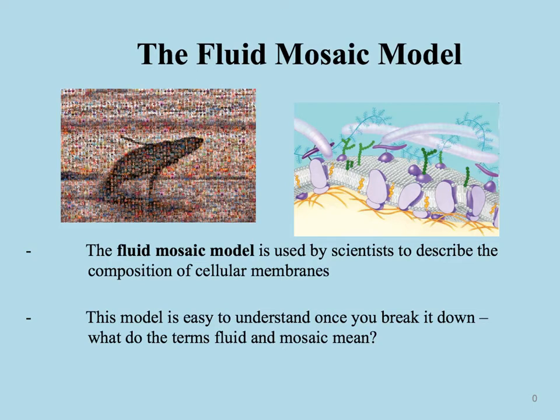So before we begin talking about the different components and how the cell membrane works, we need to talk about the fluid mosaic model. The fluid mosaic model is a model that scientists use to describe basically the cell membrane, and you need to know why it's called that.